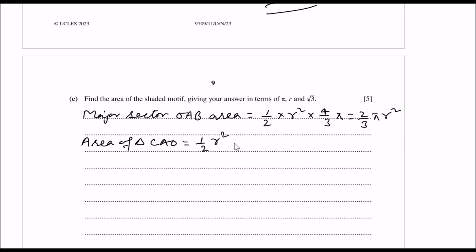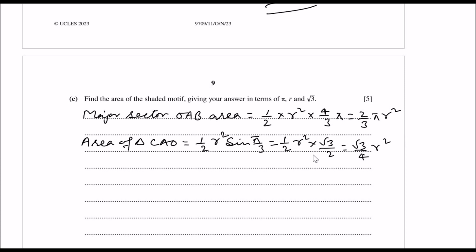So r square sine pi by 3. That is equal to half r square into root 3 by 2. That is giving us root 3 by 4 r square.